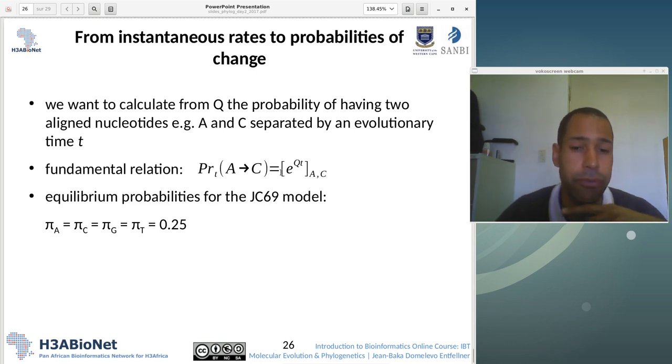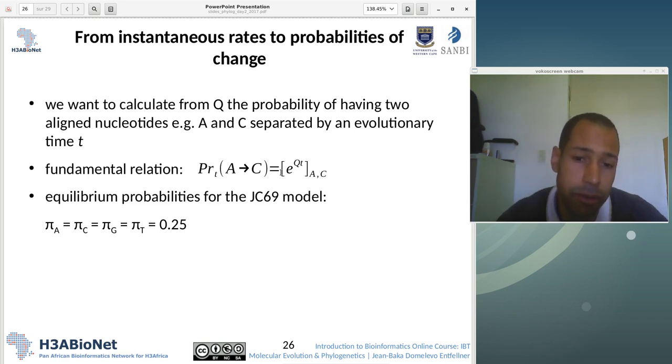So this is a key operation in all software of phylogenetic reconstruction, because these software spend their time calculating those kinds of probabilities to calculate the probability of a tree, or the likelihood of a model.